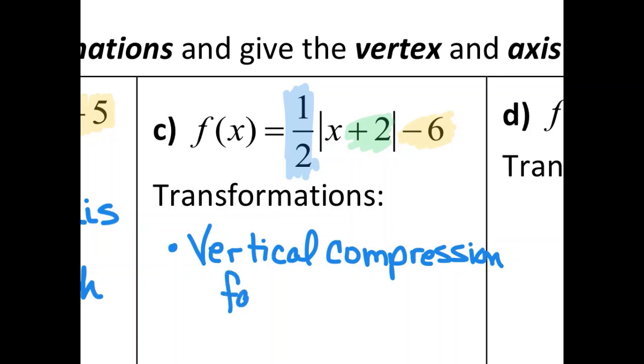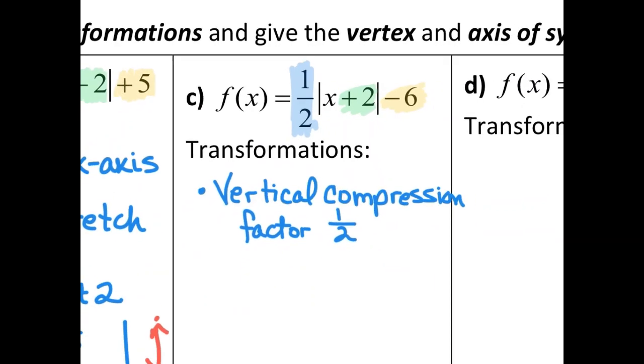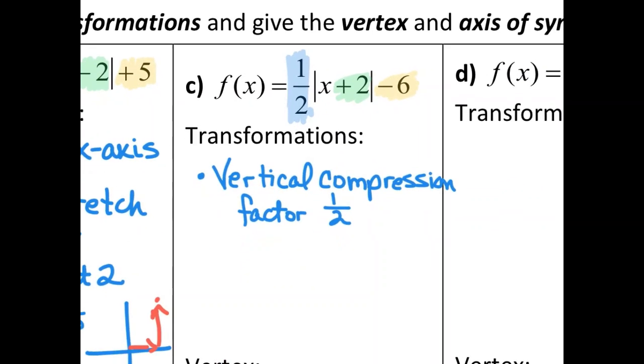And the factor is, wow, I can't spell. The factor is 1/2. So remember that you need to tell us it's a vertical compression and that the factor, that it's compressed, and it's just the number that's multiplied.